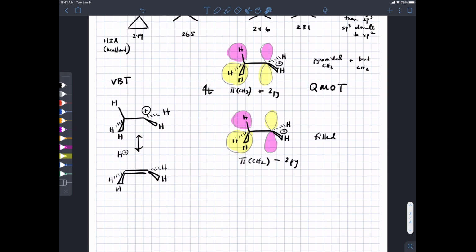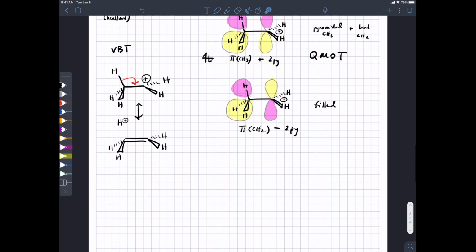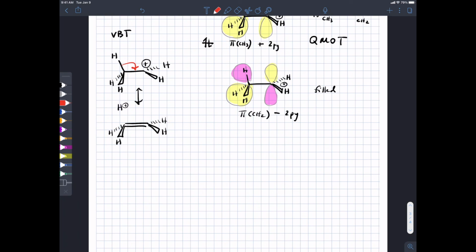But that describes the ability of that carbon-hydrogen bond to donate electron density into where the positive charge is.